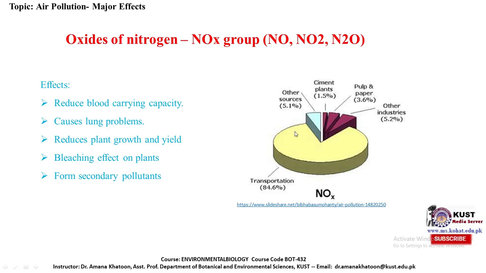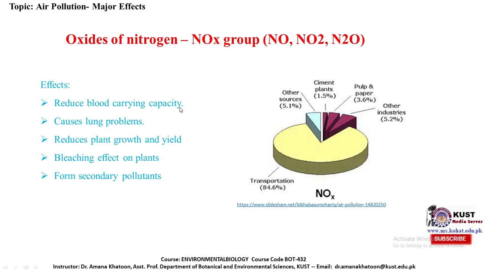As far as the sources for the emission of nitrogen oxides into the environment, again transportation is the main source, around 84 to 85%. After transportation, we can see other industries around 5%. Again, the paper and pulp industry and cement plants are also adding nitrogen oxides into the environment.